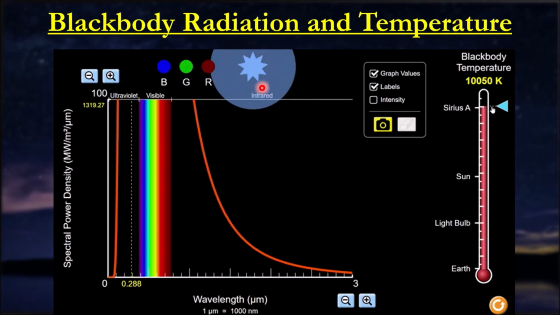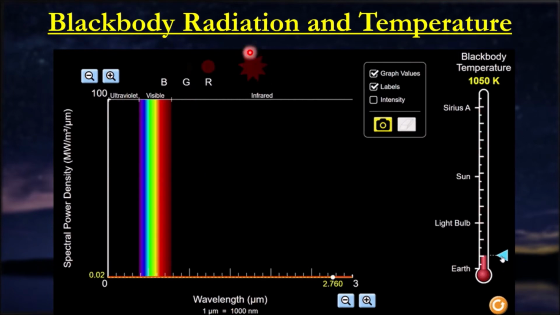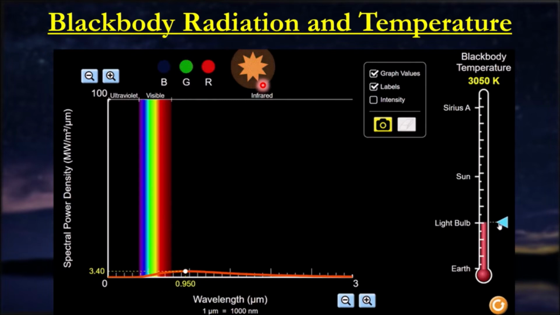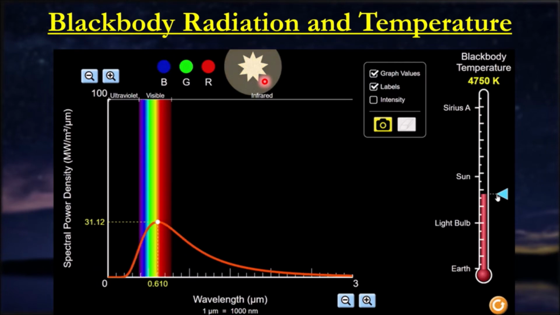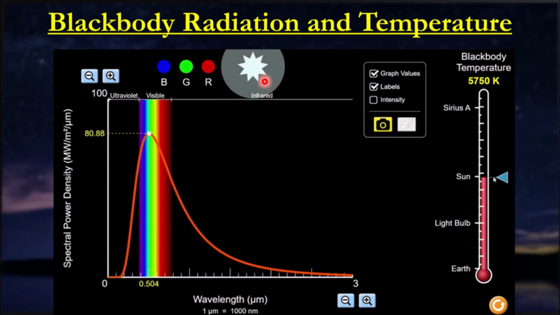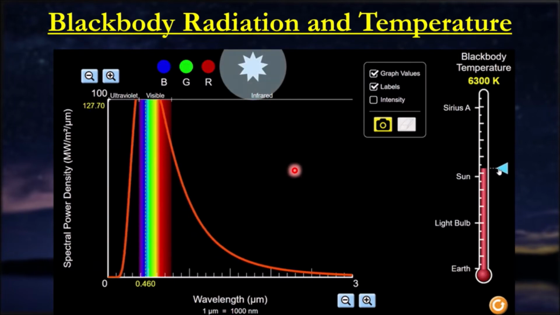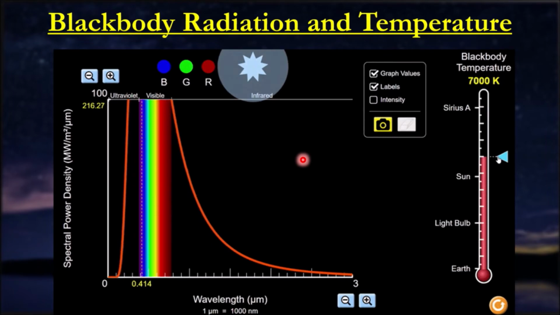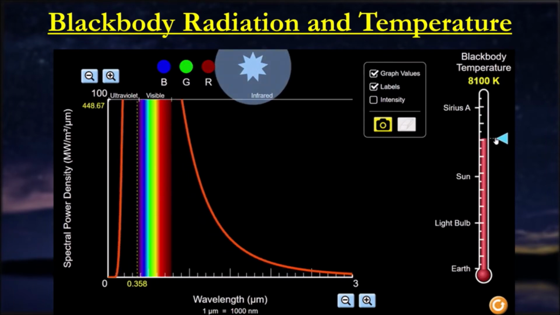You can also see that in terms of the color of the light here. So as I increase the temperature, you can see it's shifting from red to then yellow to then more blue, and so on from there. Okay, so what we can demonstrate here is a couple of things.